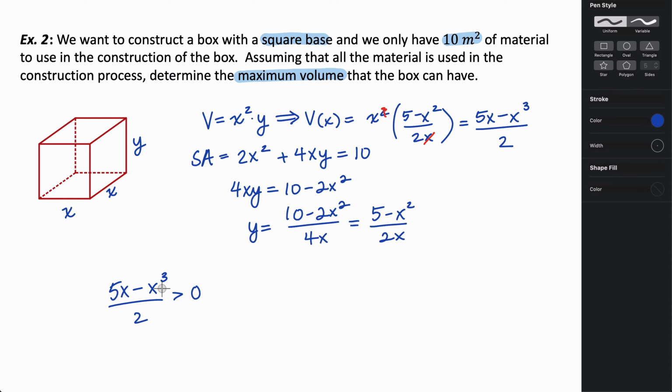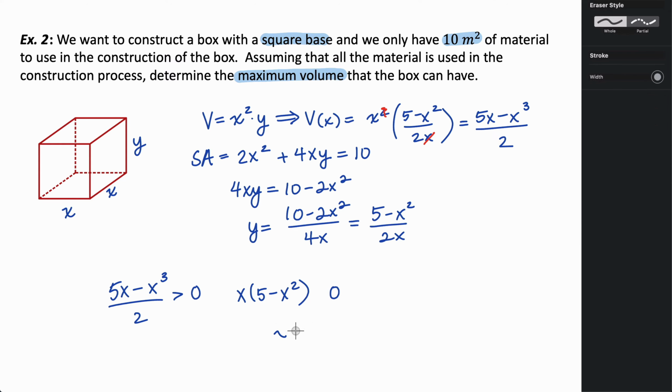So this is going to be 0 when the numerator is 0. So if I factor this, I have x times 5 minus x squared. And this is going to be 0 at 0, or it's going to be 0 at plus or minus the square root of 5. So x equals 0 and x equals plus or minus the square root of 5.